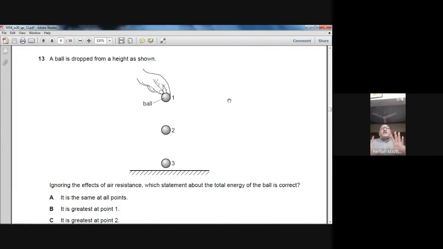That's the law of conservation of energy: the total energy of an isolated system remains constant. If there is no air resistance, there will be no loss of energy. So at all these 3 points, the total energy will be the same.